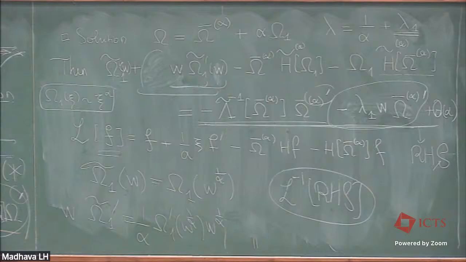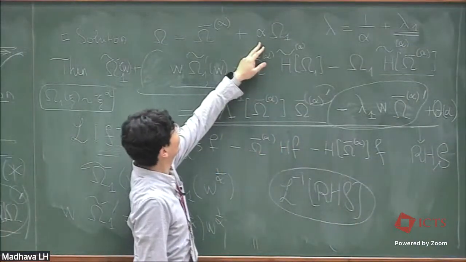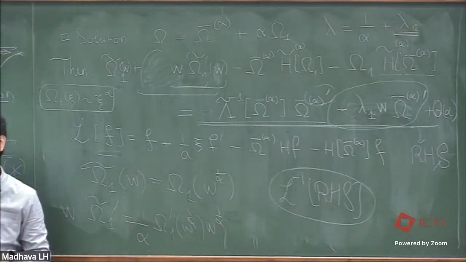So the equation is non-linear, but then you end up with a linear operator. Where did the non-linearity end up? All the non-linearity is in the right-hand side now. So shouldn't you also have non-linearity in omega 1? Yes, that I hide in the right-hand side, because the equation is quadratic, it's a smaller term.